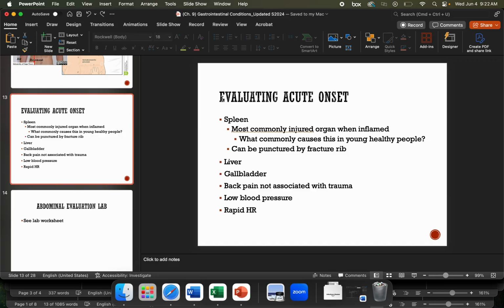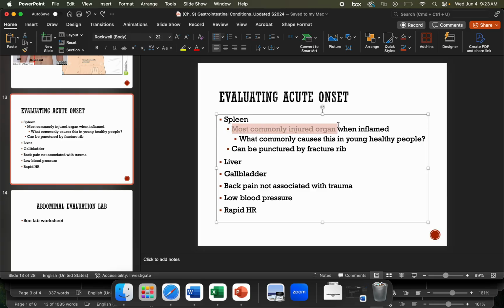So acute onset, the spleen. Remember, physiologically, the spleen just holds blood. And when we need a bolus or an injection of blood into the body or into the intestinal tract, etc., the spleen can empty itself of blood.